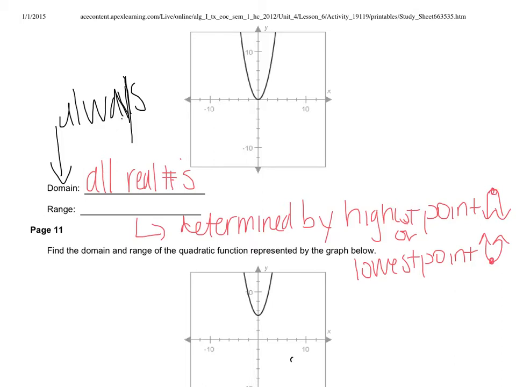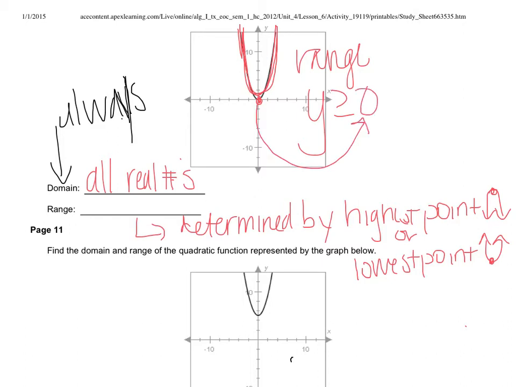So if our graph looks like this one right here, then the range will be y's that are greater than or equal to this number, whatever that number is, which in this case is 0. So our range for this parabola is y's that are greater than or equal to 0.